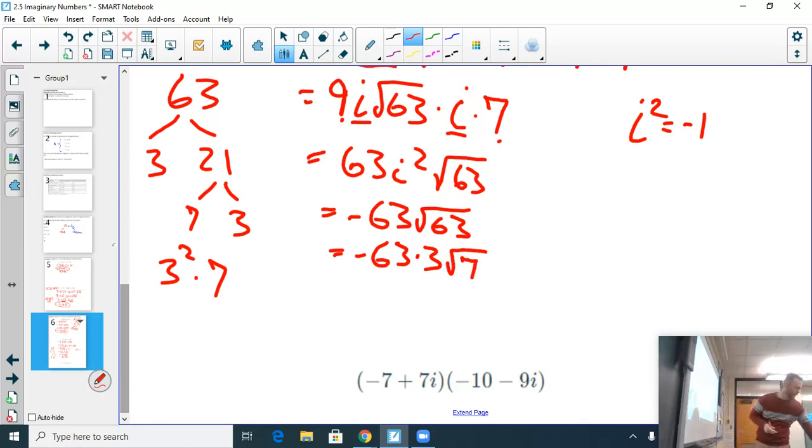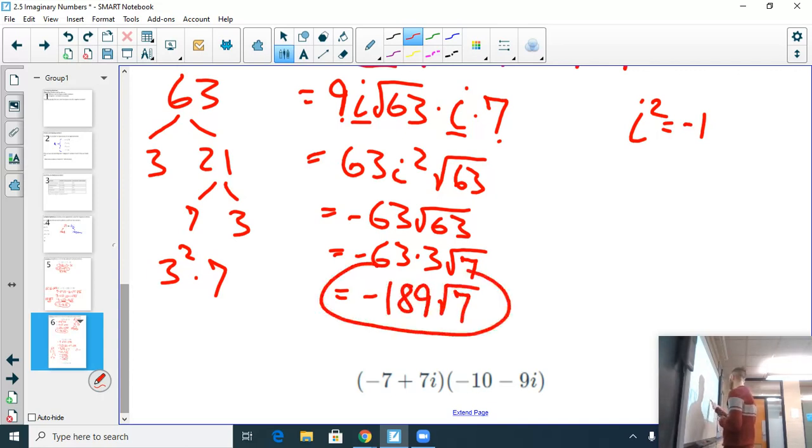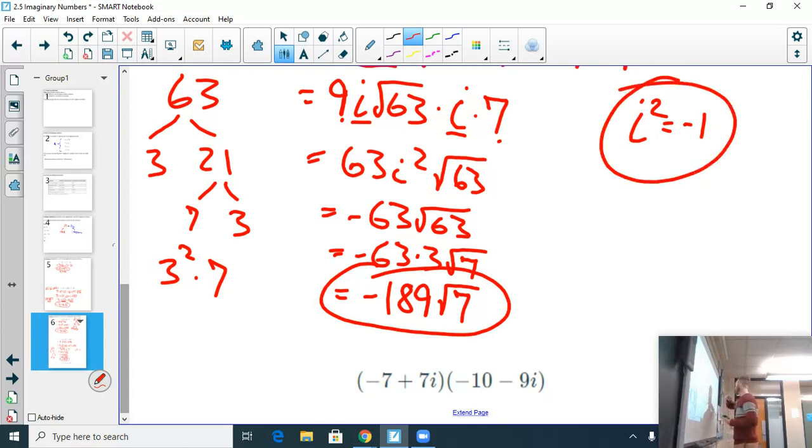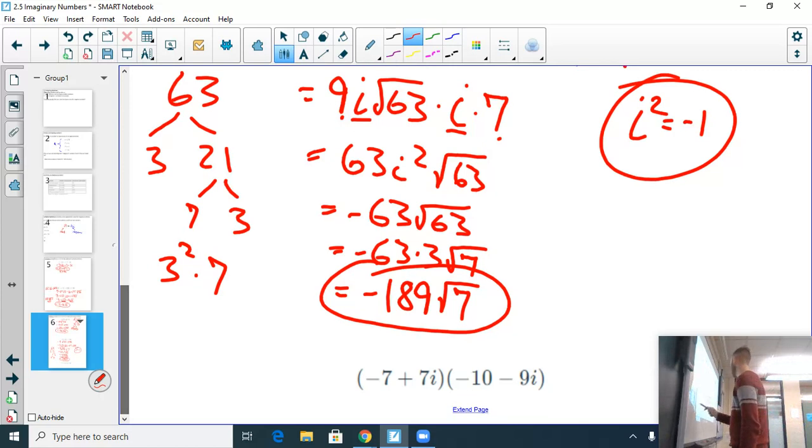And then this is going to equal negative 189 square root of 7. So no imaginary part because our i squared turned into negative 1. Right? And last one here.